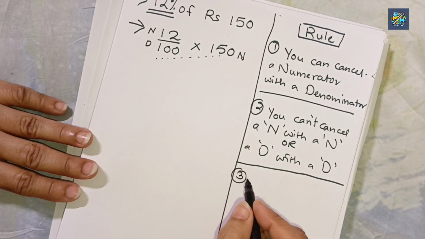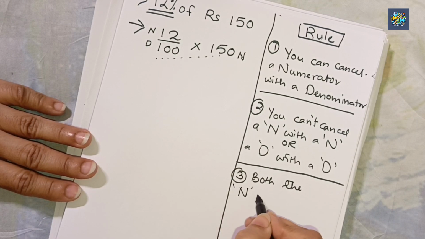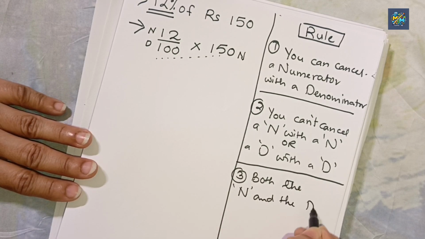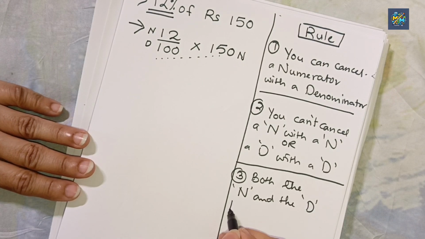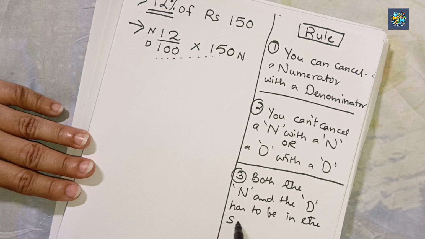Now the third thing is both the numerator and the denominator have to be in the same table.